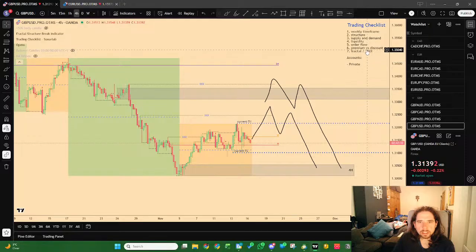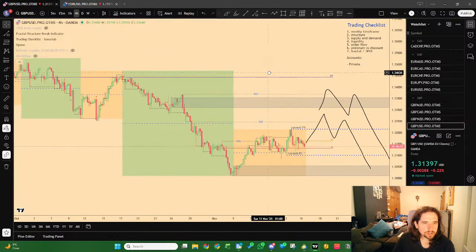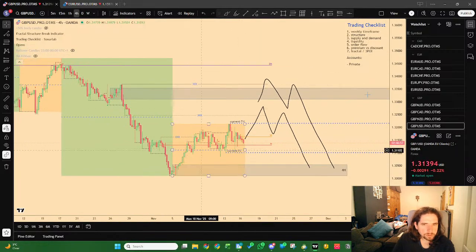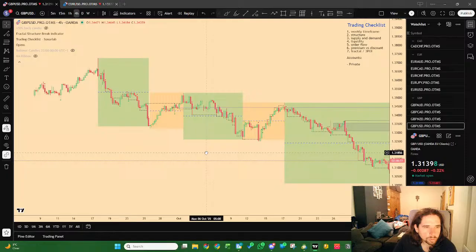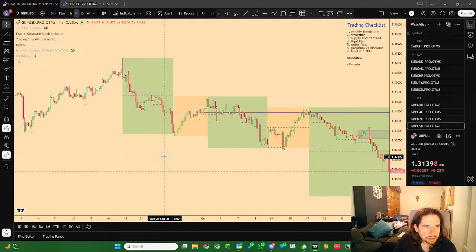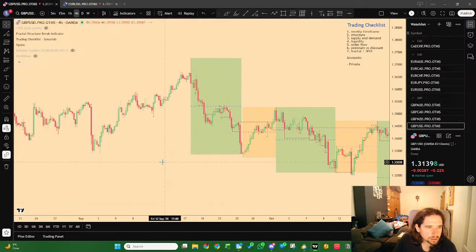In fractal, we're bullish on the fractal. So I'd like to see that take and then a break of structure on that fractal. And then 3 points of interest, all 3 points of interest, which we don't have currently here. A 3 point of interest would be, let's see if I can find one quickly.